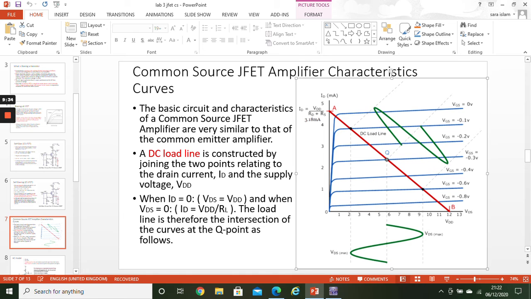If you are moving toward this side in such a way that only one side of the wave comes, either the upper half or the lower half, and the rest is clipped, whether you go here or here, then you are using your transistor in class C operation.